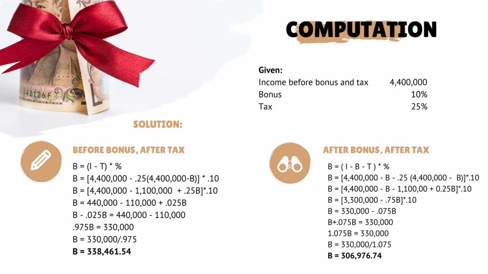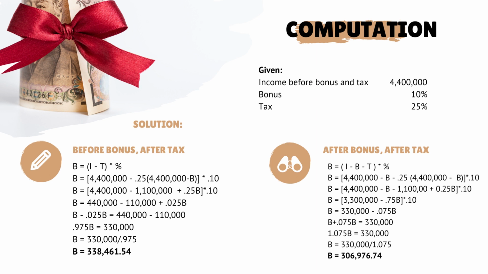So that is basically just the computation of the bonus. Easy, right? What we really need to remember are the formulas, and let's remember that if there is the word after, then that should be deducted from the income.